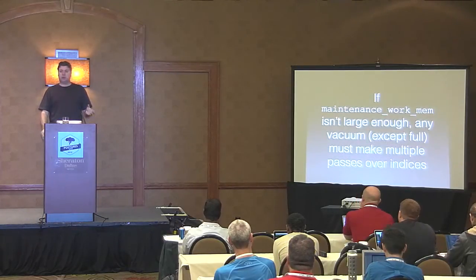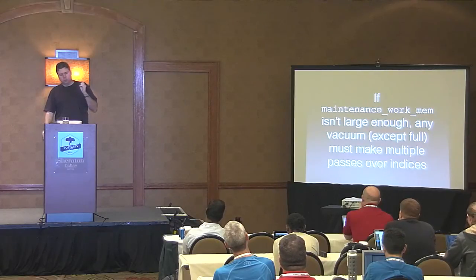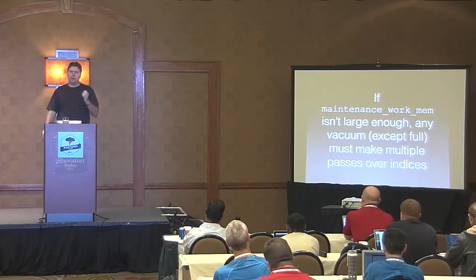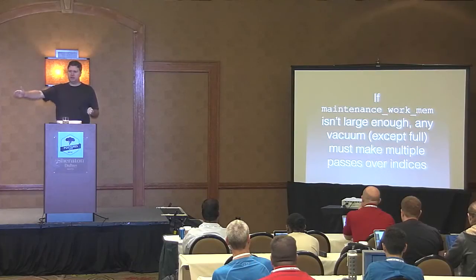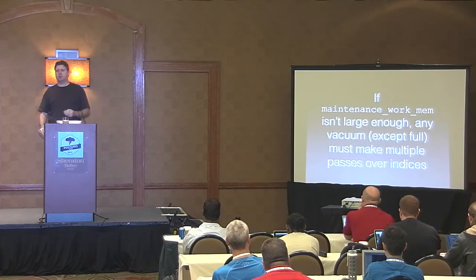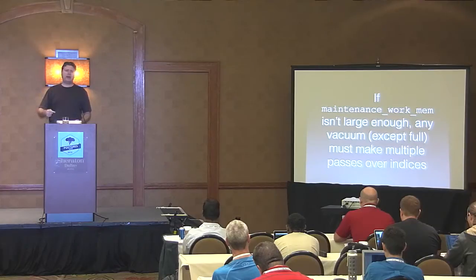One really critical thing to understand is that the way vacuum works, if there are any indexes on a table, it has to remember what tuples are dead, then hit the index, then go back to the table. How many tuples it can remember is driven by maintenance_work_mem. So if your maintenance_work_mem is not large enough, it now has to scan through all the indexes on a table more than once.